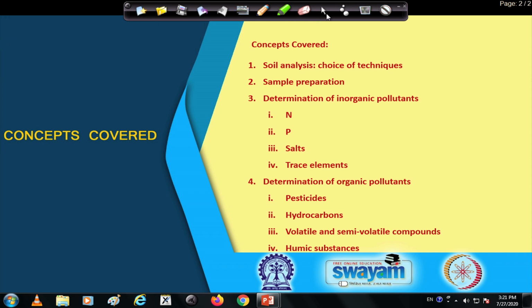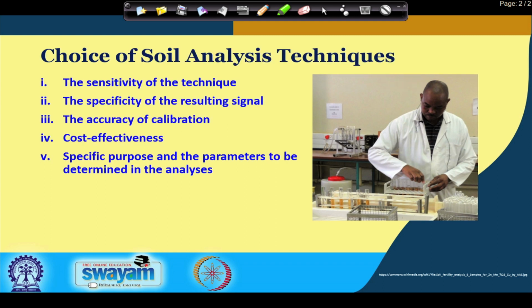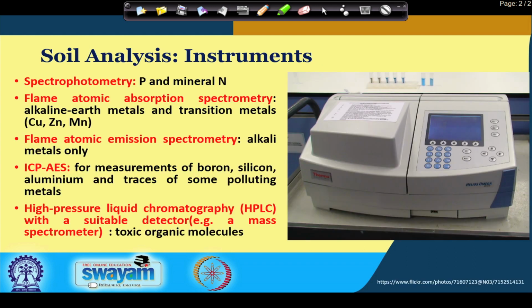In the first lecture of this module 12, we covered these basic aspects of soil analysis, and what the major choices of soil analysis technique are, and the major considerations like sensitivity, specificity, accuracy of calibration, cost effectiveness, and the specific purpose of the parameters to be determined in the analysis. We discussed all these things in detail.